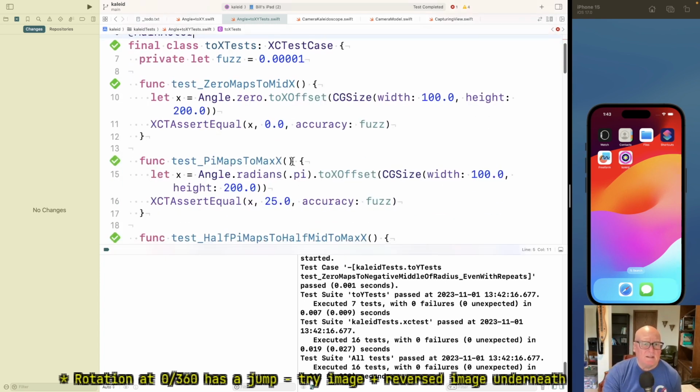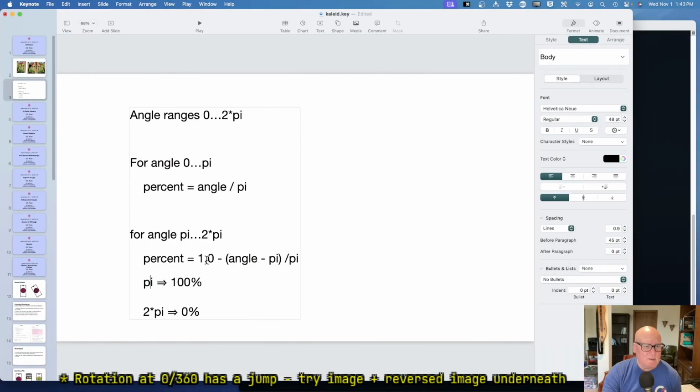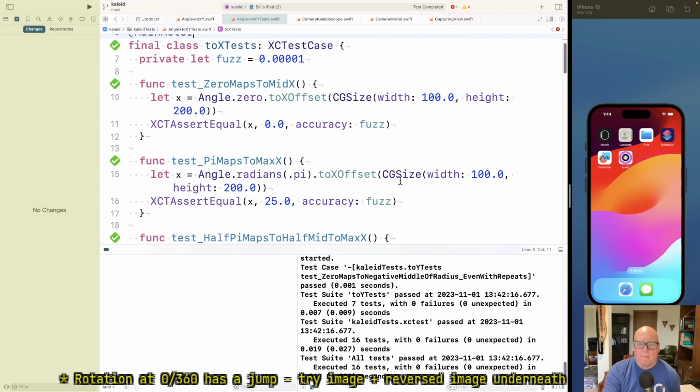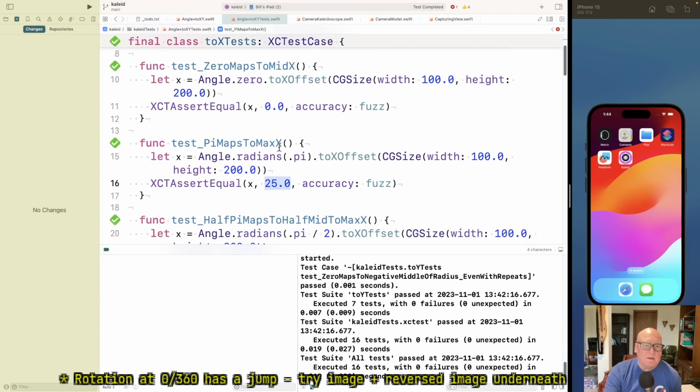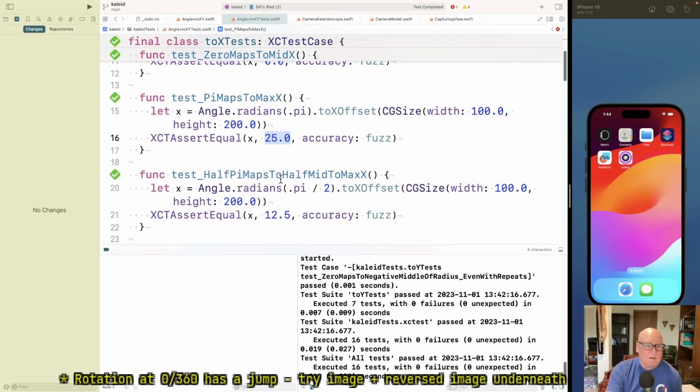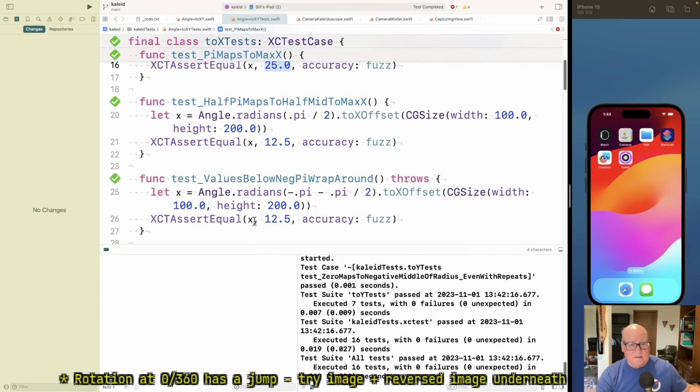Pi maps to max x. Well, that seems to be what we want. Why is that 25? Width is 100. Well, max x, is that the most we're letting us go? Mid pi maps to half to max x.